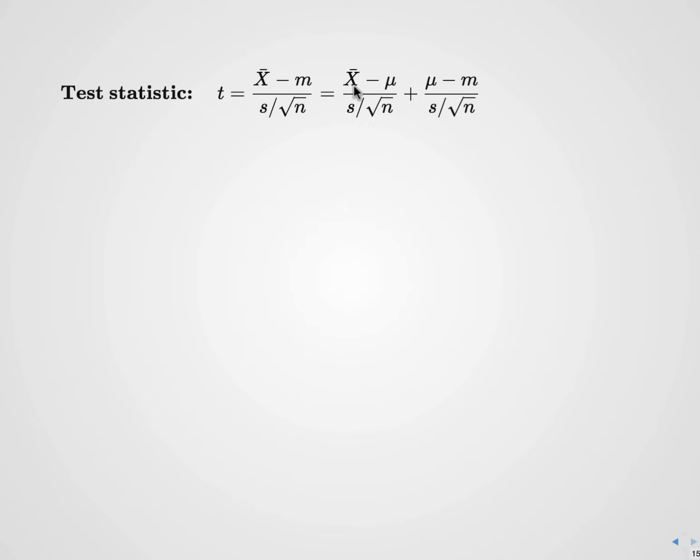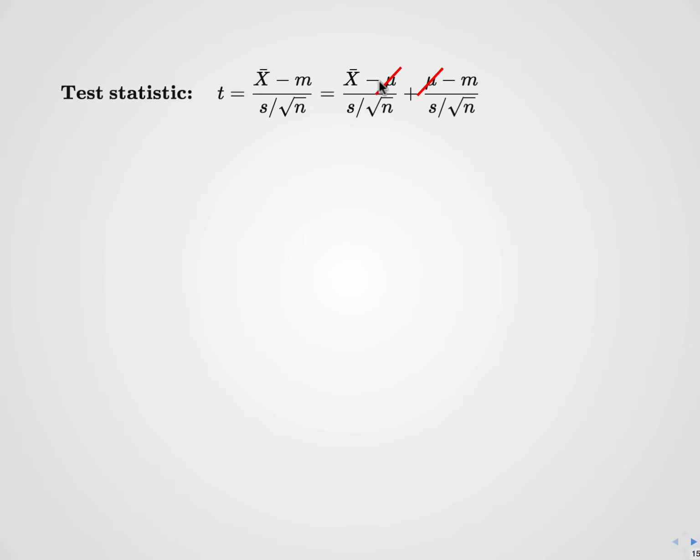So what we've done here is to break up this test statistic into two parts. The difference of x bar from the underlying population mean, which in general we don't know: x bar minus mu. And then plus mu minus m. So this is the difference between the population mean and the hypothesized value for the population mean. These two expressions are equal because the values for mu just cancel each other out.